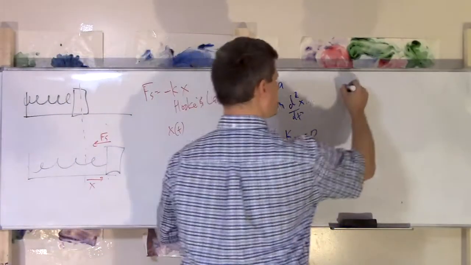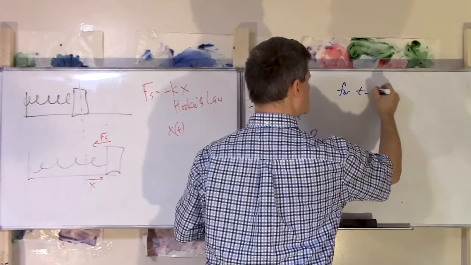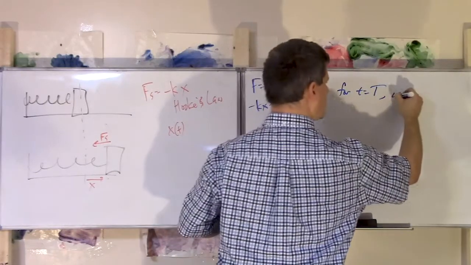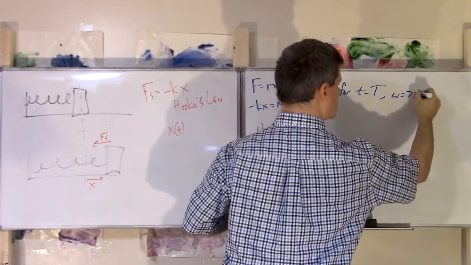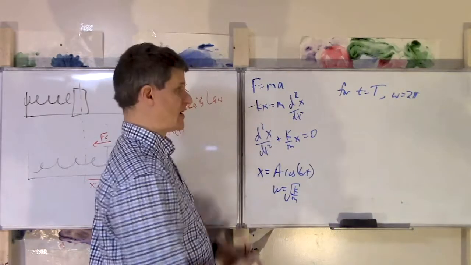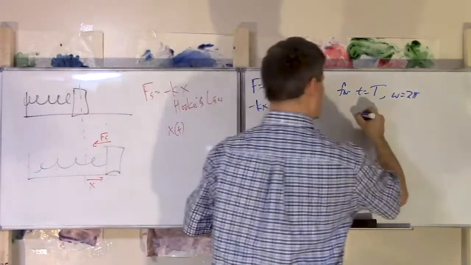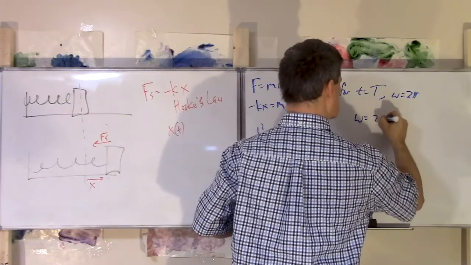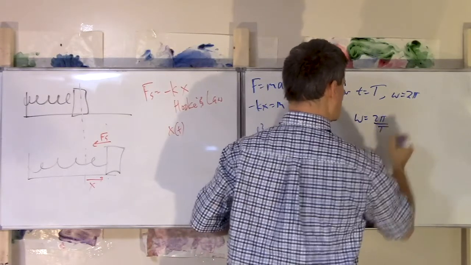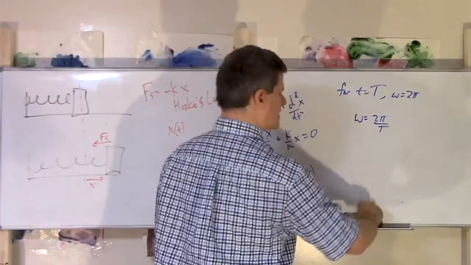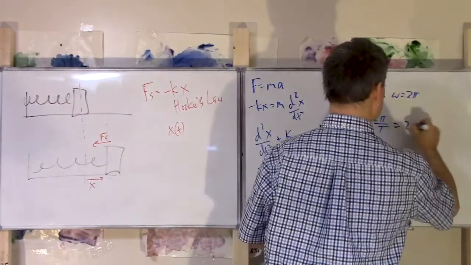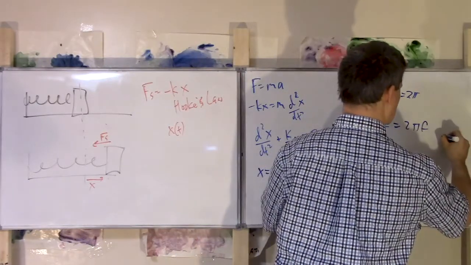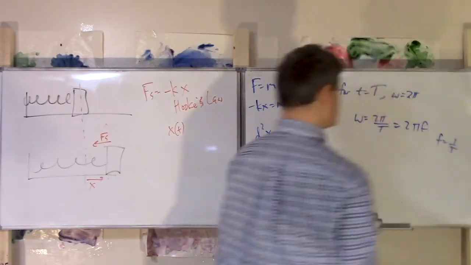We know that for t equals 1 period, omega t should equal 2 pi radians. In order for that to work, omega has to be equal to 2 pi over t. Another way we write this is 2 pi f, because f equals 1 over t.